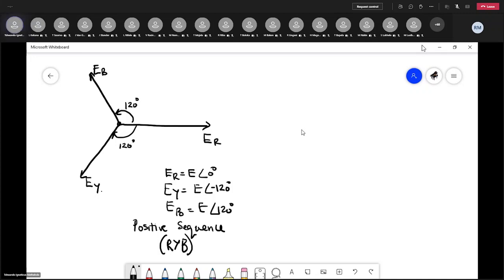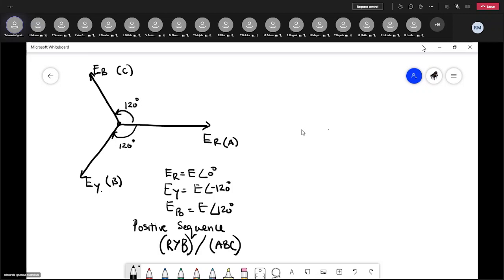Sometimes we use subscripts A, B, and C, and in that case, sequence A, B, C would be a positive sequence, but you mostly would use the red, yellow, blue notation.